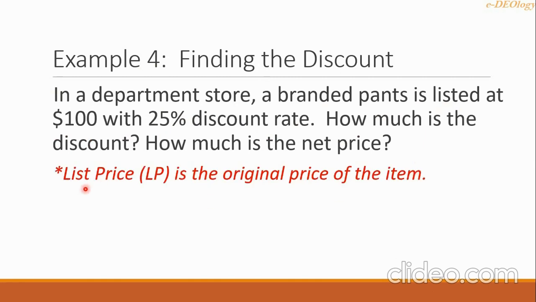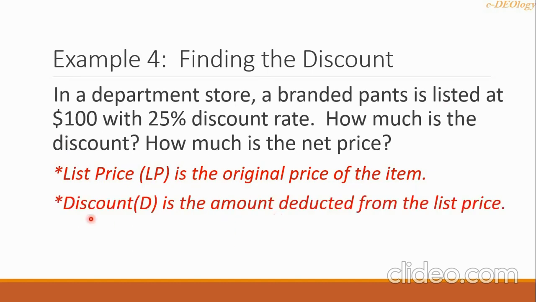In business, we need to understand some terms. The first is the list price. Symbol is LP. And this list price is the original price of the item. In this case, the list price corresponds to the base. The next is discount, symbolized by D. It is the amount deducted from the list price.